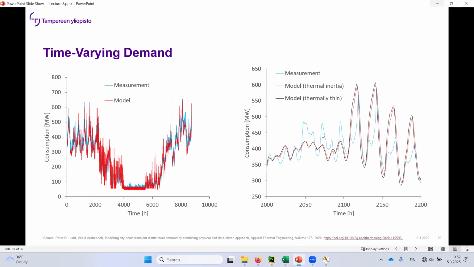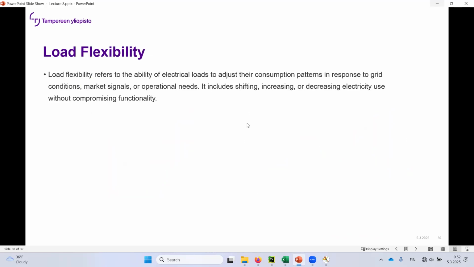So you can see there's a lot of fluctuation between the model and the measured values. But either way, our profile is slightly decreased in terms of amplitude of the temperature change in here. So that's one aspect related to this time series, or rather time varying demand.